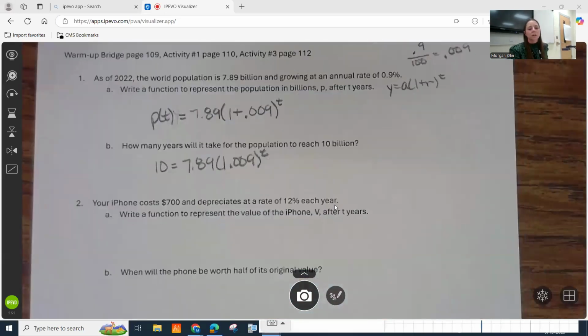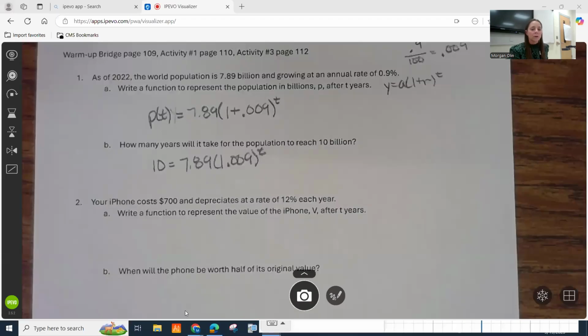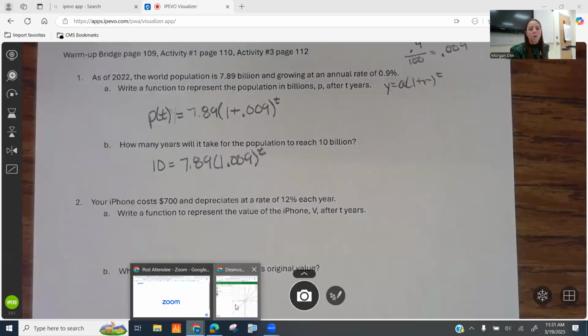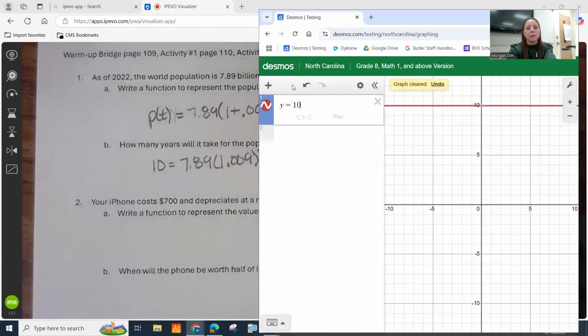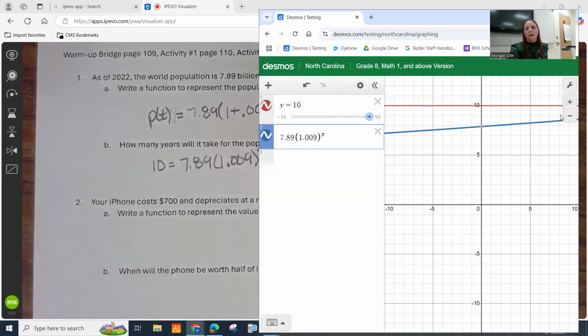And remember solving this, you are welcome to divide by 7.89 if you would like, or just go straight to your calculator. Okay, one side equals 10. There's no x with it, so make sure you put y equals 7.89, whoops, that's a 2, 7.89, and then I do 1.009 raised to the x, like that. All right, zoom out.